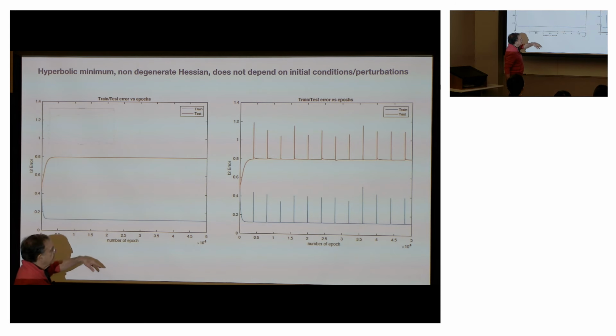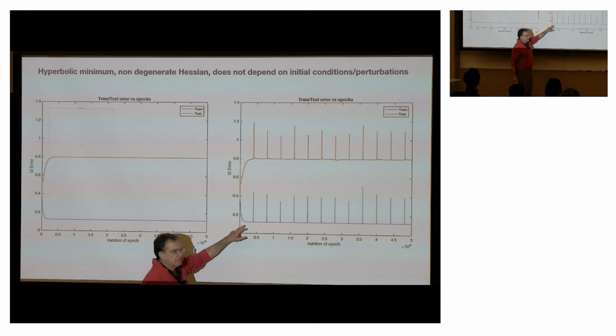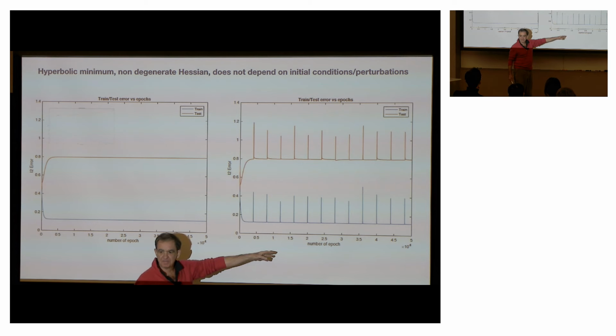You will have some test error on a separate test loss. If you perturb your weights after convergence, you will see that your training error gets larger, but then goes back, because this case is not degenerate. The Hessian is positive definite. Your stationary point in the gradient is stable, and comes back.